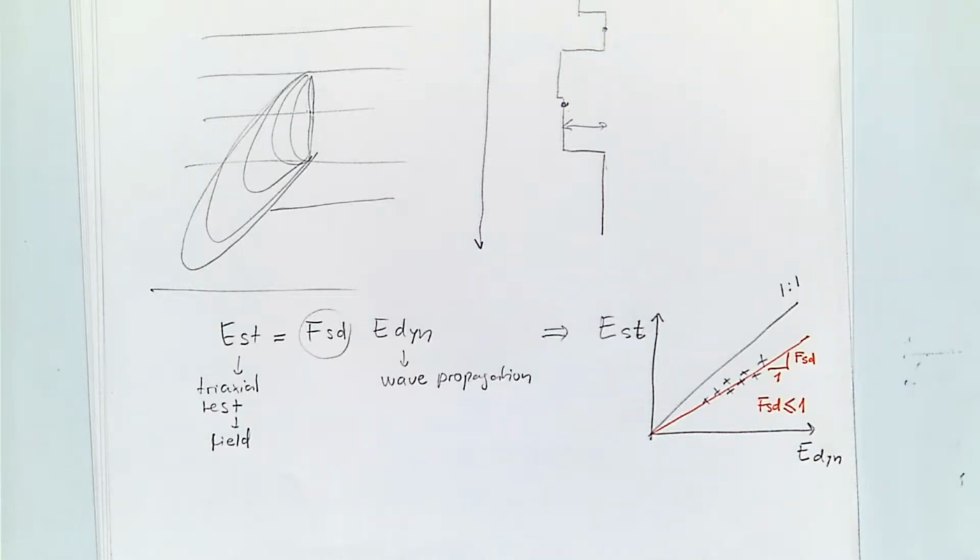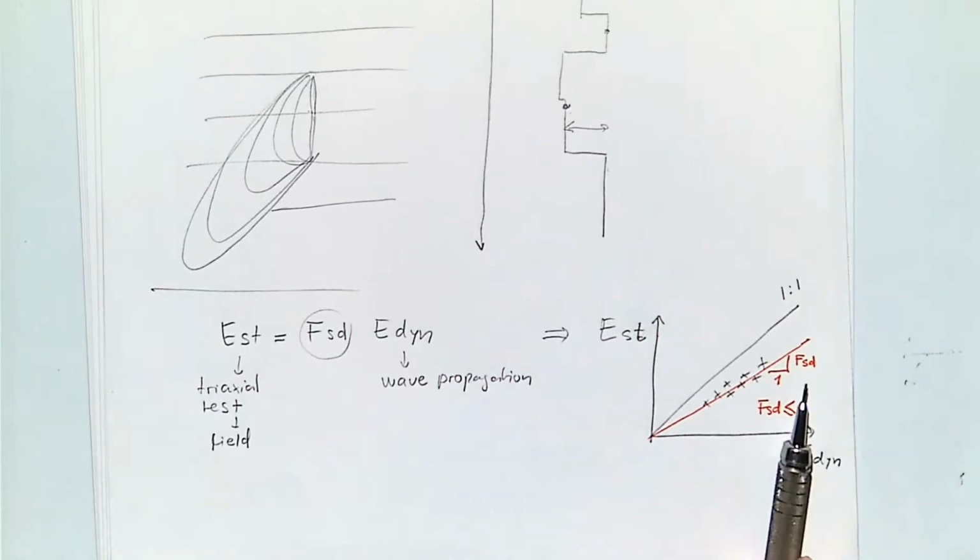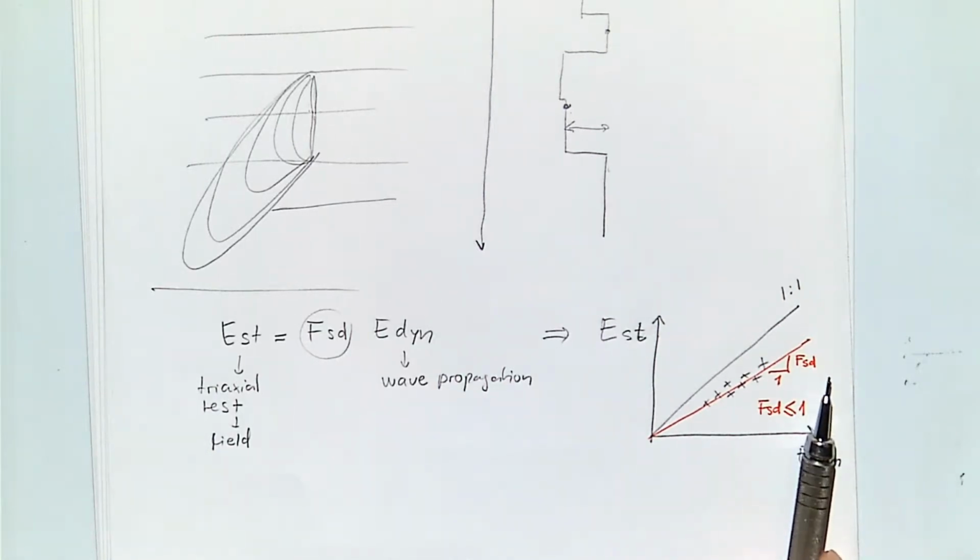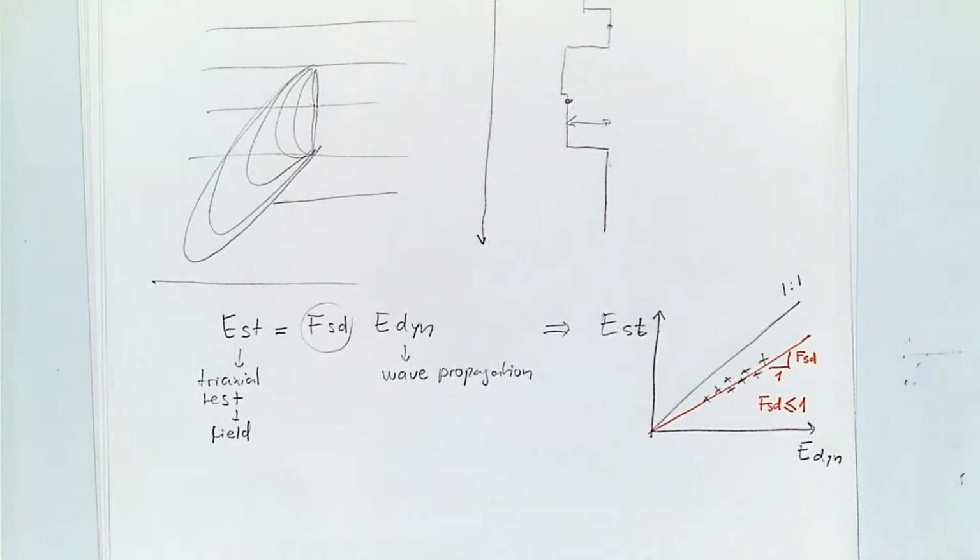Usually, stiffer rocks that have less plastic strain, less irrecoverable strain, would have a higher conversion factor from static to dynamic. And the reason for this factor to be different is due to two causes. And instead of the Young modulus, let me talk about this in terms of the shear modulus.